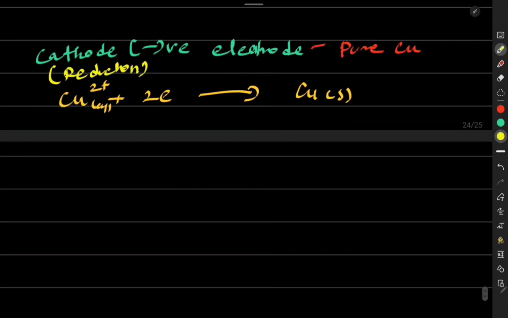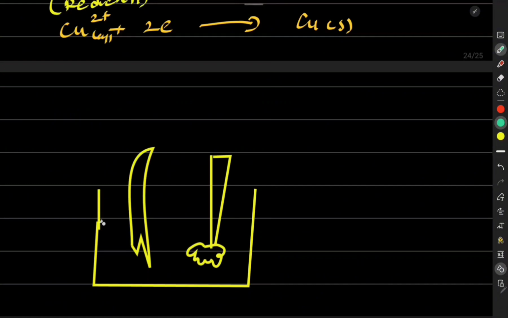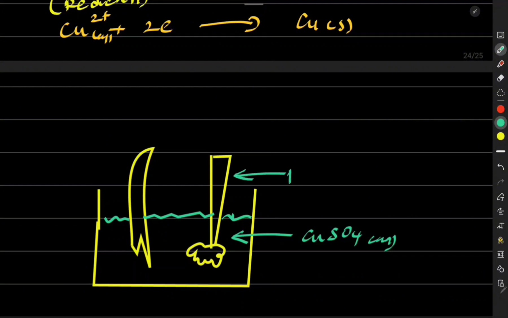Now let's look at the experimental setup of electrolysis of copper sulfate using copper electrodes. This is the experimental setup, and these are dipped in CuSO4 aqueous. This is pure copper, and this is impure copper with impurity, and they are connected using a wire.